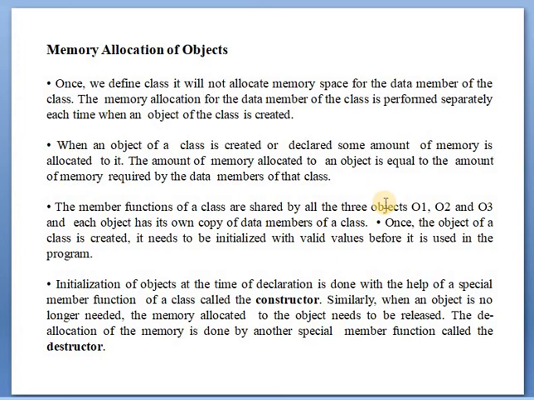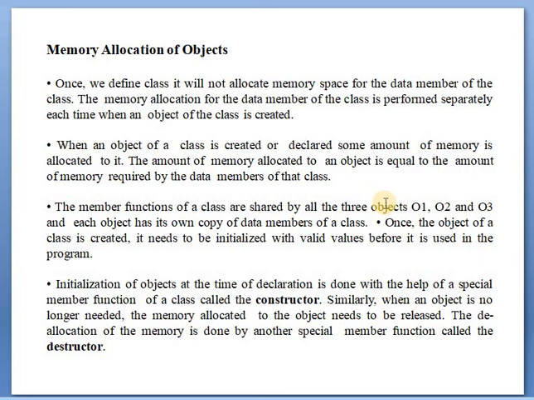What does it mean that member functions are shared by all objects? When we declare a class, there are data members and also member functions, but all the member functions are shared by all objects, while data members have a different copy with each object.